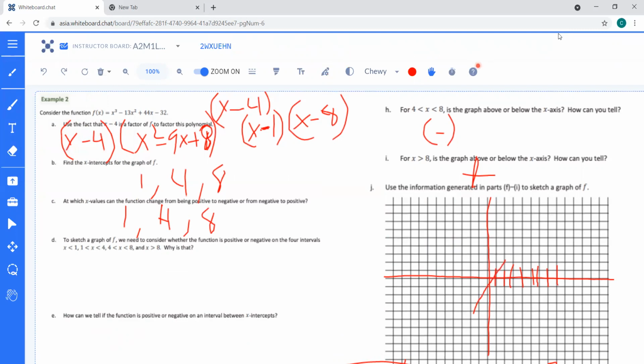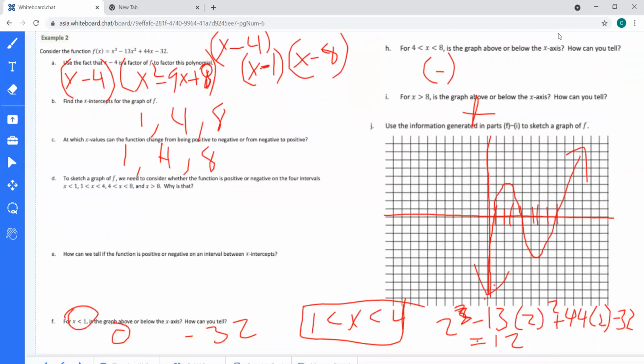And it's actually going to be way below that, because we said it was going to be equal to a negative 32. So it's going to look something way down there. We're going to come up, and then we're going to come back down at 4. 1, 2, 3, 4. And then we're going to come back up at 8. 5, 6, 7, 8. And they go in opposite directions because it is an odd power.